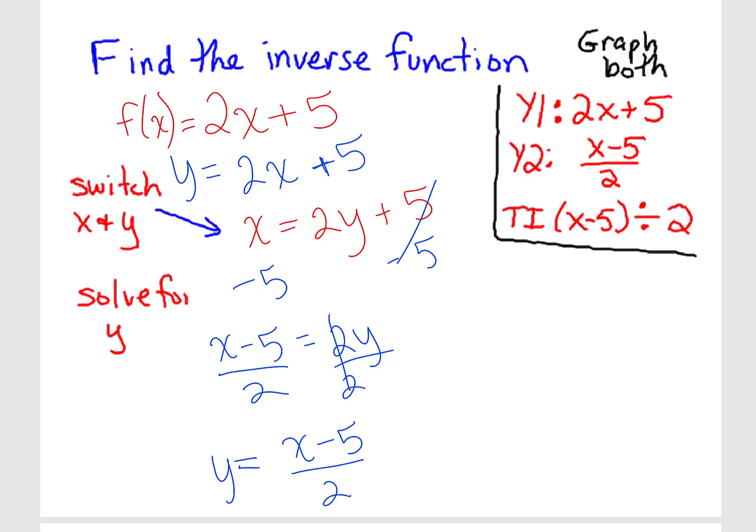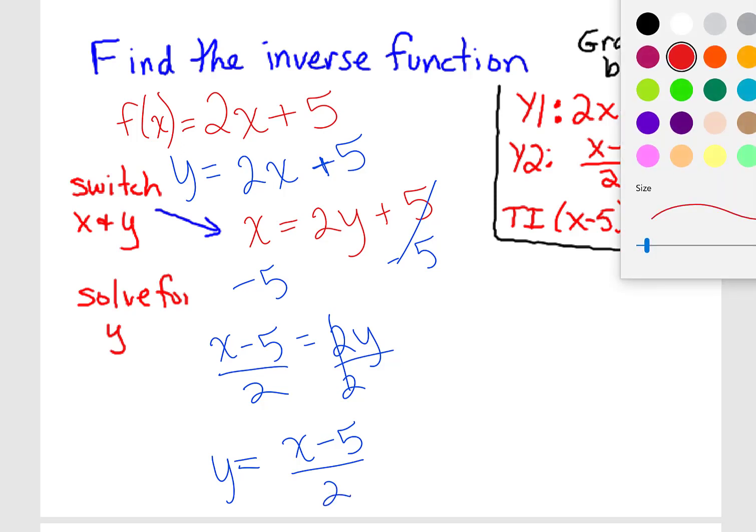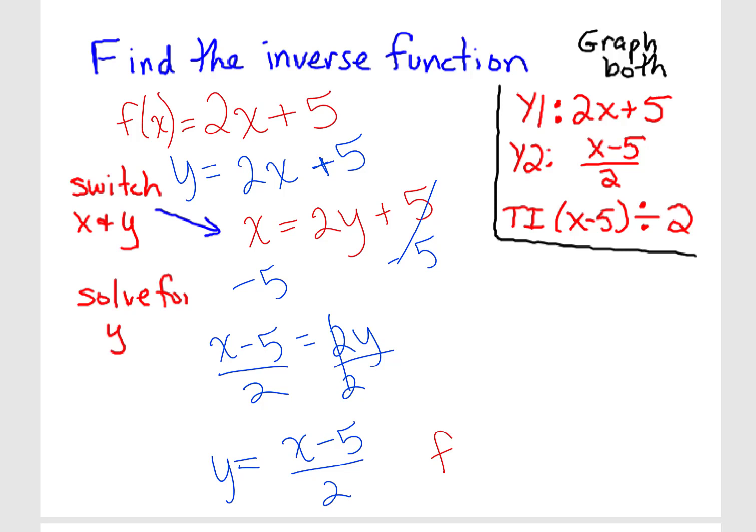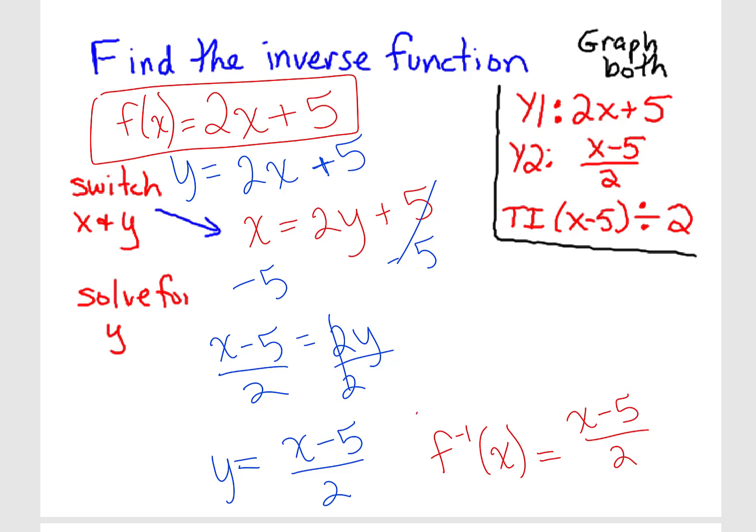Okay, and then the very last step is to replace that y with the inverse of f of x. Okay, so that's doing it by hand. I see that this is my original function and this is my inverse function.